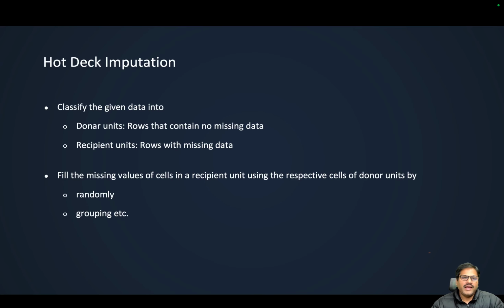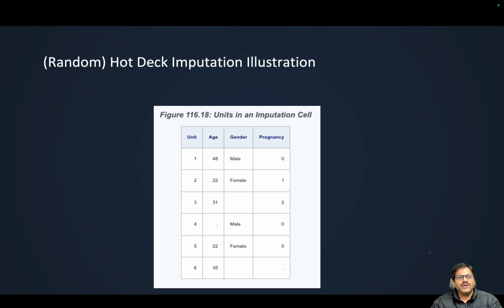Let us see an example. Here we have a small data set with 6 rows. The data set contains unit, age of the person, gender, and pregnancy, that is, whether a person is pregnant or not. In this data, we have 3 rows with complete information and 3 rows with incomplete information.